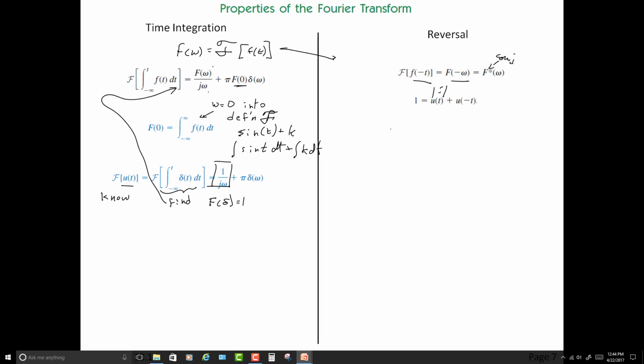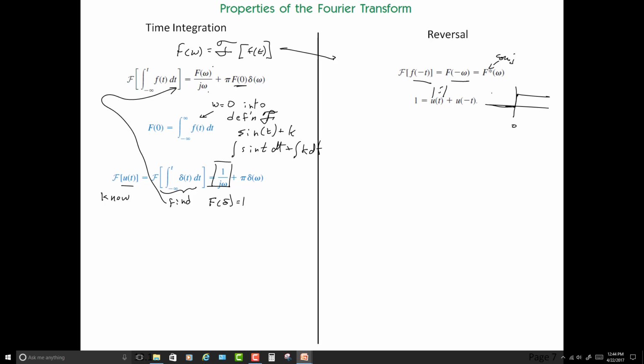if I take 1 is u of t plus u of minus t, right? So what is this? Let's plot this just to make sure we know what we're talking about. So here's the u of t, and I'm making it at 0, but it doesn't have to be.